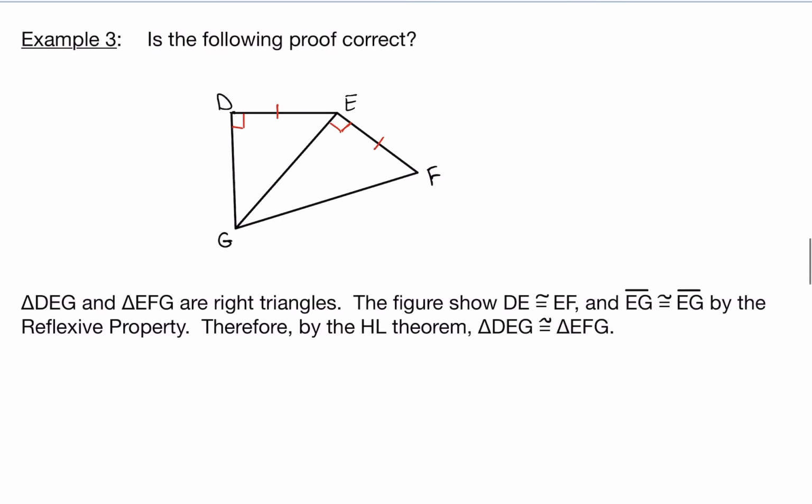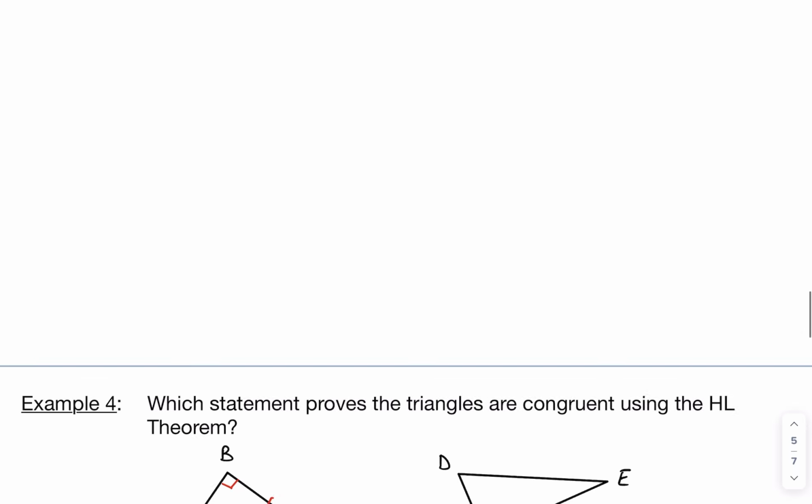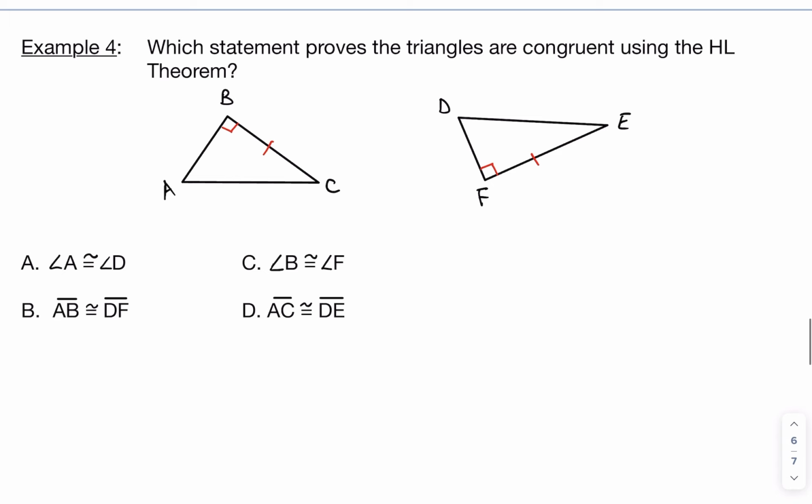Okay, let's go ahead and move on to the last example. And the question here is, which statement proves that triangles are congruent using the hypotenuse leg theorem? So let's take a look at both of these triangles. Triangle ABC is a right triangle, so that's good. And triangle DFE is also a right triangle.